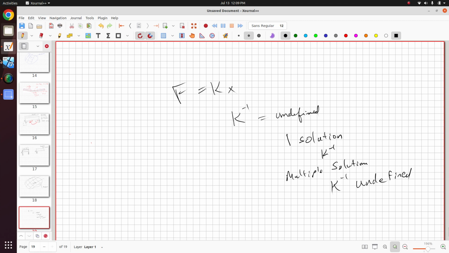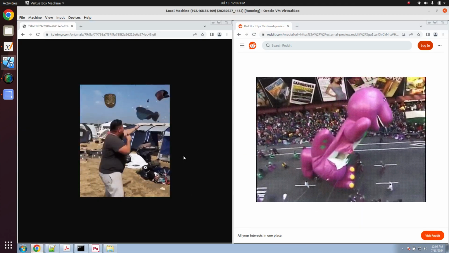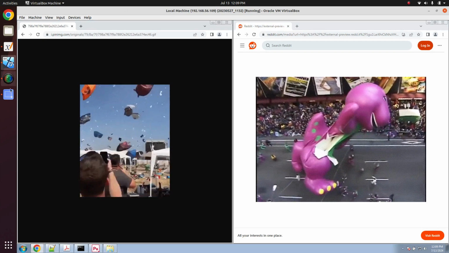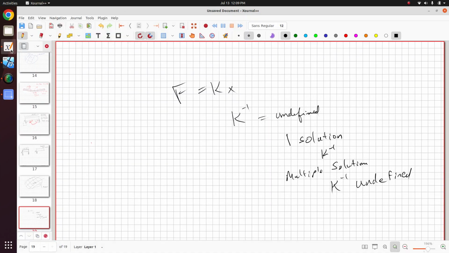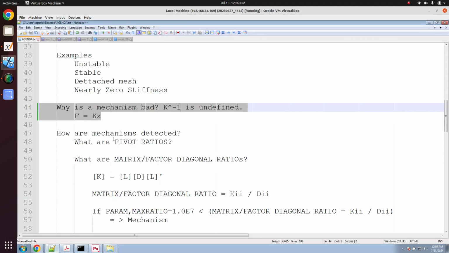Now, if you look back to those animations I showed a moment ago, here in these cases, k-1 is undefined. So this is why it's bad to have a mechanism. The inverse of k is undefined. There's no solution, so that's why a mechanism is bad. Okay, then let's go on to the next example.